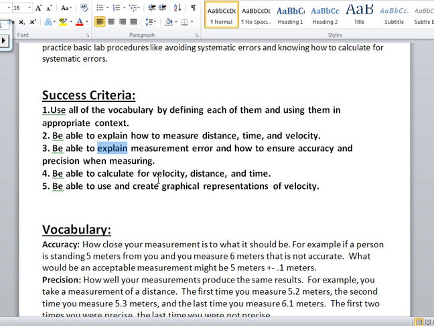Be able to calculate for velocity, distance, and time. Alright, so you will have to be doing a little bit of math here. This is a very, very easy calculation. Alright. Be able to use and create graphical representations of velocity.